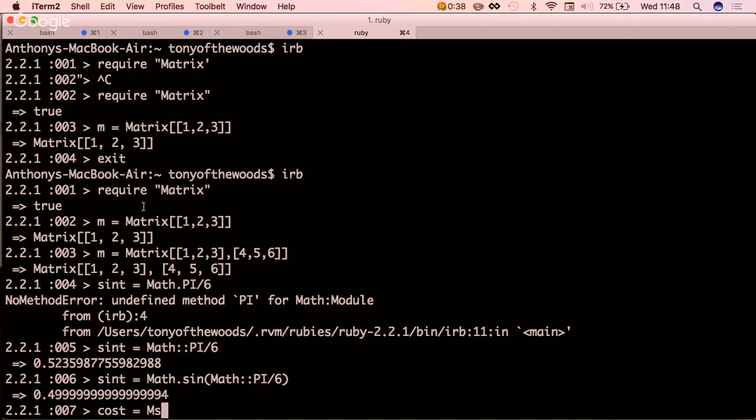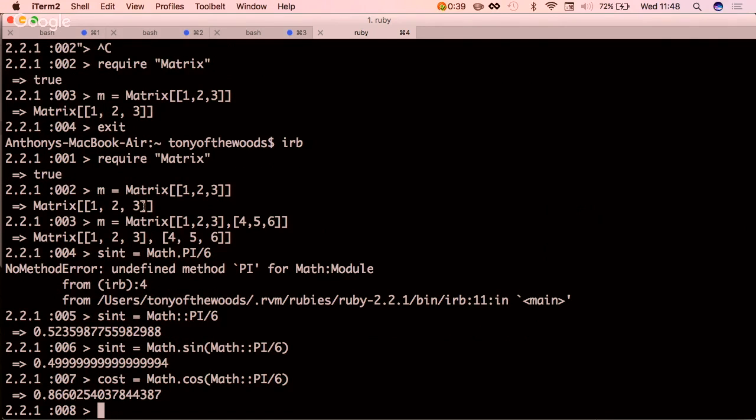And then we want the other one, math dot cos is the same thing, math pi divided by 6, like that. And then we can just create our rotation matrix for rotating anything around 30 degrees. And that would look something like this.